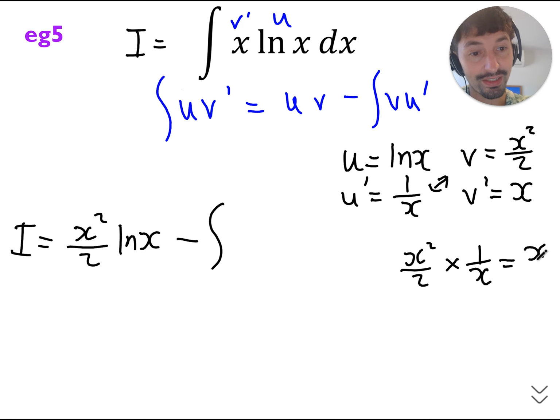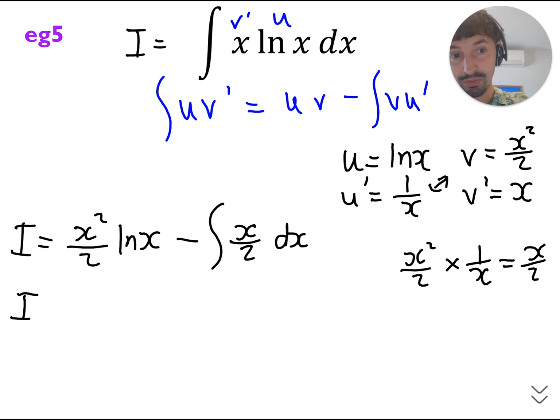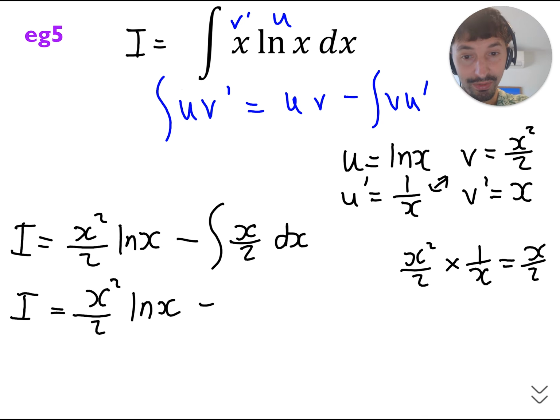You're going to end up with x over 2. So we get minus the integral of half x, which we can do. We've already integrated x once, so we do a very similar technique. Integrate x over 2, add 1 to the power, so we get x squared, divide by 2, so you end up with x squared over 4 plus c.